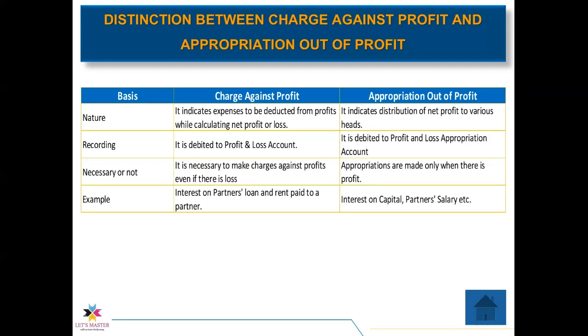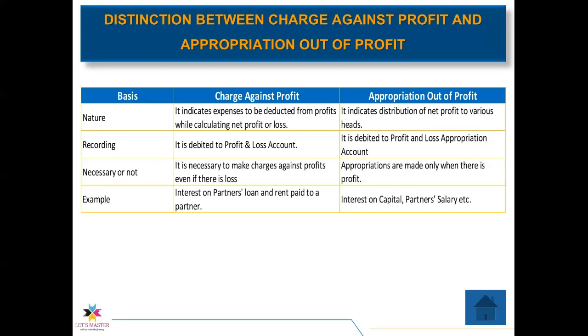If we talk about examples, then interest on partner's loan or rent paid to a partner. Even if the partnership deed is silent about at what rate the interest on a partner's loan would be provided, you have to provide interest on the loan provided by the partner to the partnership firm at the rate of 6%.